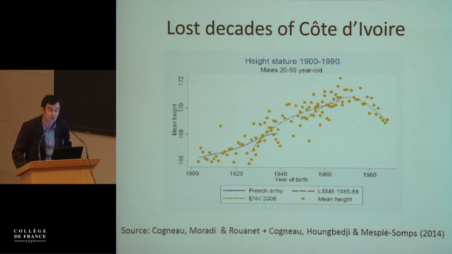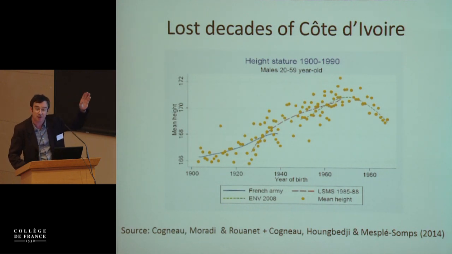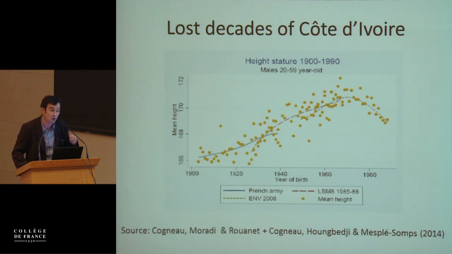But this graph also tells the story of a kind of arrested development in the last quarter of the 20th century, with something that is seldom observed with height stature evolutions, that is a regression in height stature. You see a fall of average height stature at the end of the period.